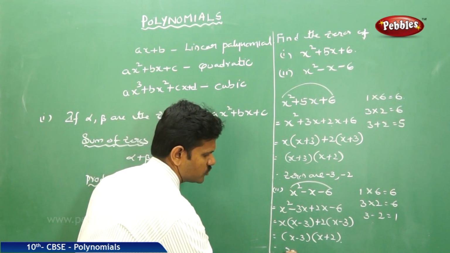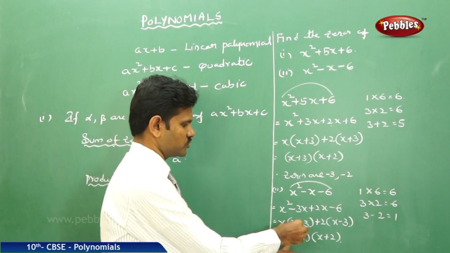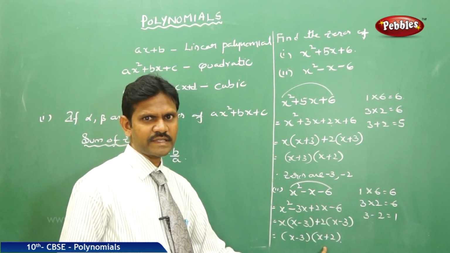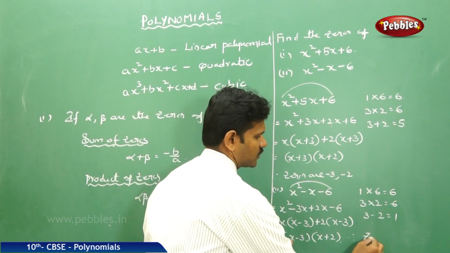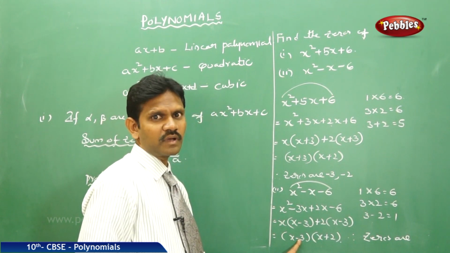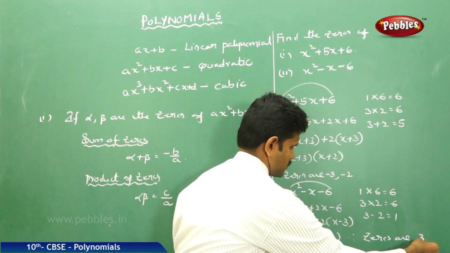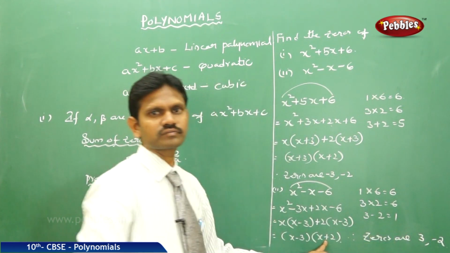Therefore, the zeros are: the zero of x minus 3 is 3 and the zero of x plus 2 is minus 2.